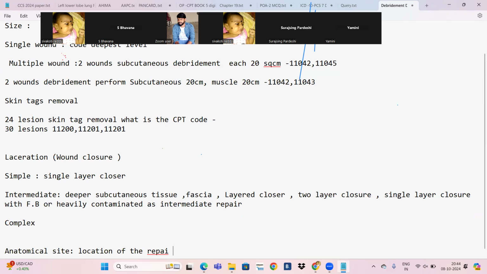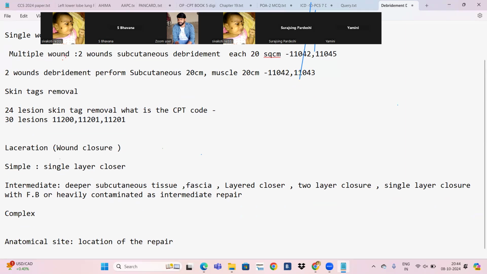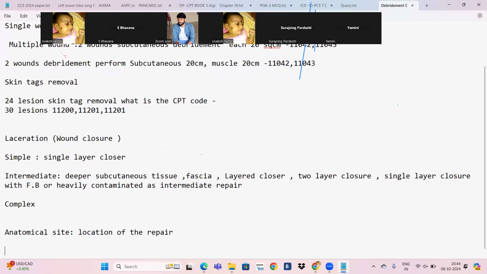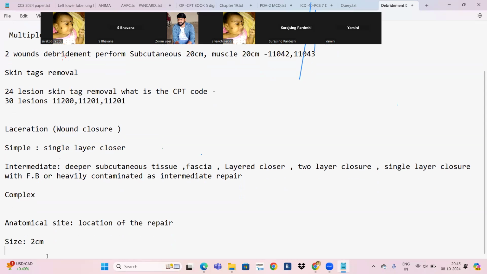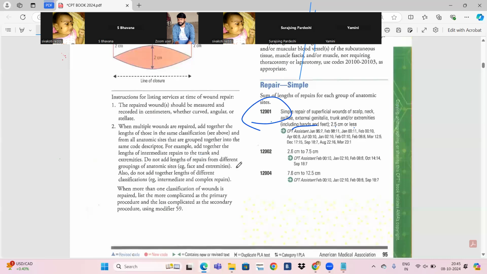Where it was located, like skin in the body, like hand, leg, ear, scalp, trunk, wherever it may be. After that, you need to check length, size. Example 2 centimeter, 3 centimeter, 5 centimeter. How much they repaired. If they didn't mention length, take minimum length, 2.5 centimeter or less.